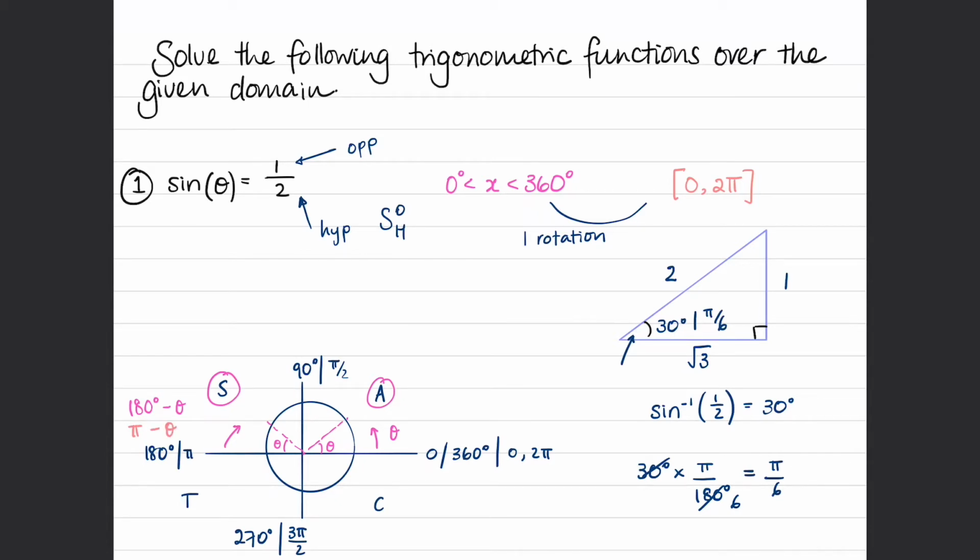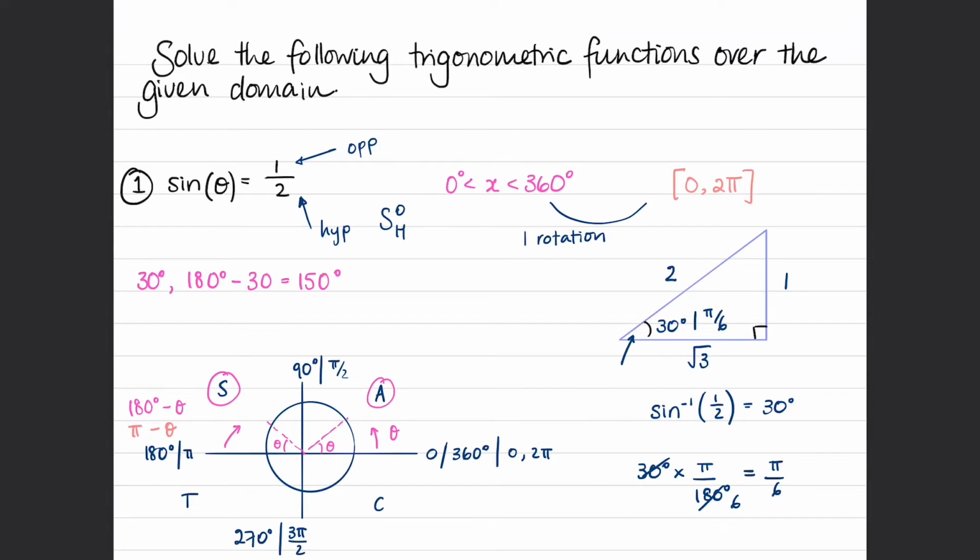So for this particular question, we're going to have two solutions, whether that be in degrees or in radians mode. In degrees, my first angle for sine will be 30 degrees, and my other angle will be 180 degrees minus 30, which gives me 150 degrees.